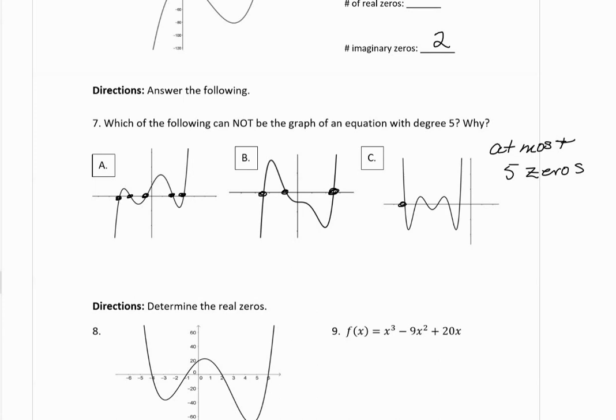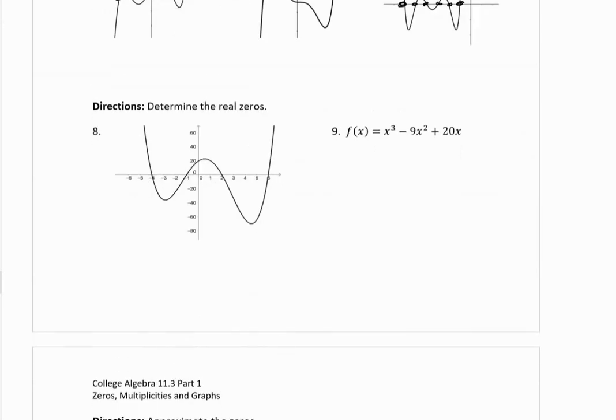And choice C, I have 1, 2, 3, 4, 5, 6 zeros. So C cannot be an equation with degree 5. Now, I want to point out that choice B is a possibility. Remember that my rule says that I can have at most. It doesn't say I have exactly 5. I have at most 5.